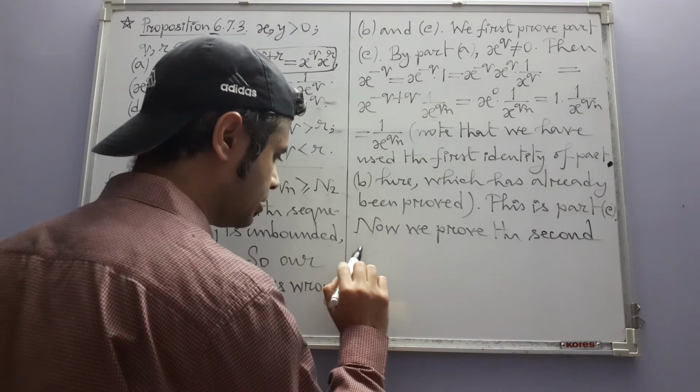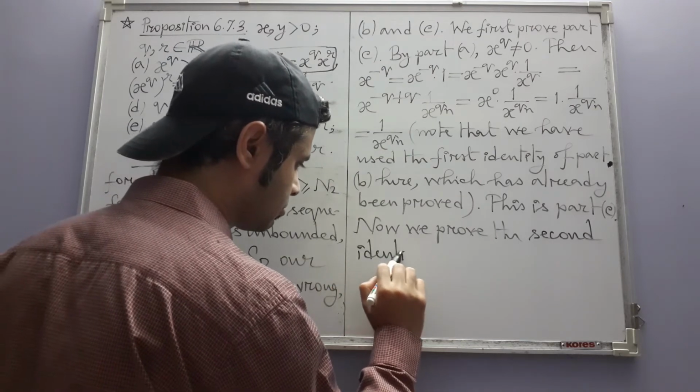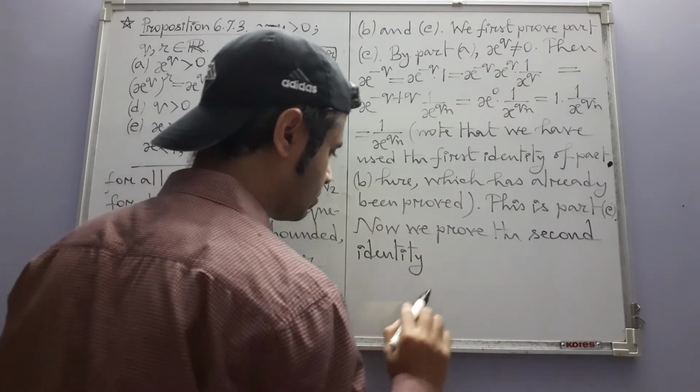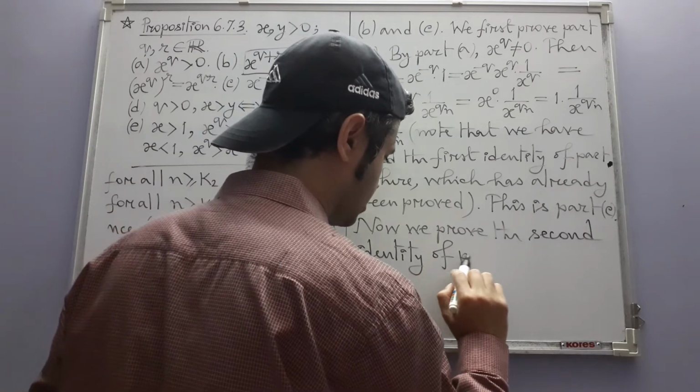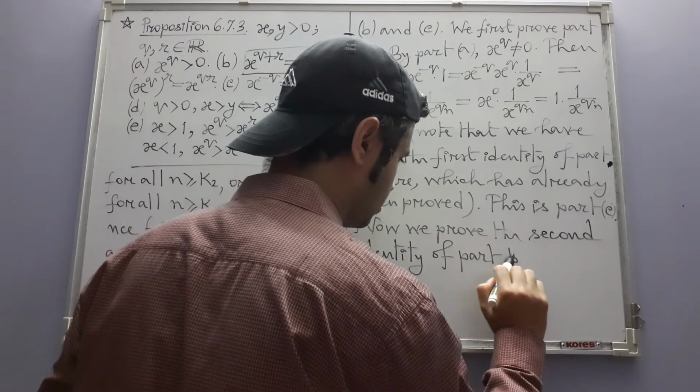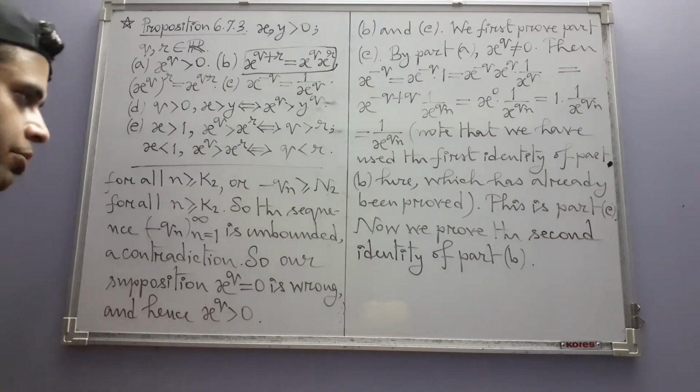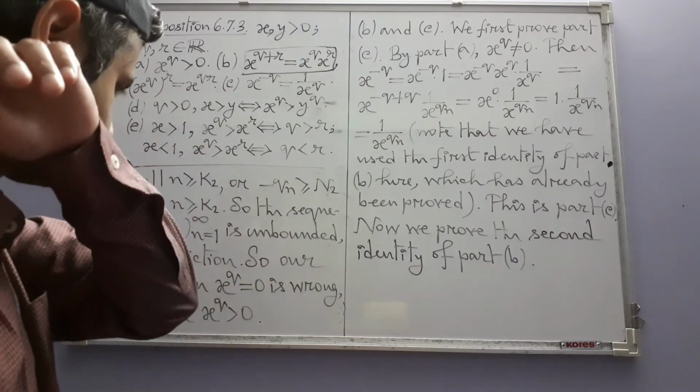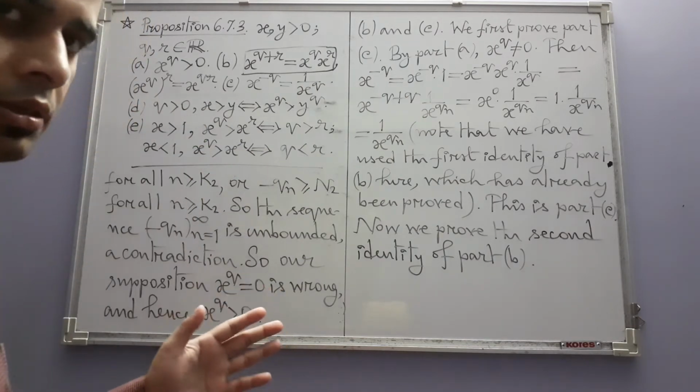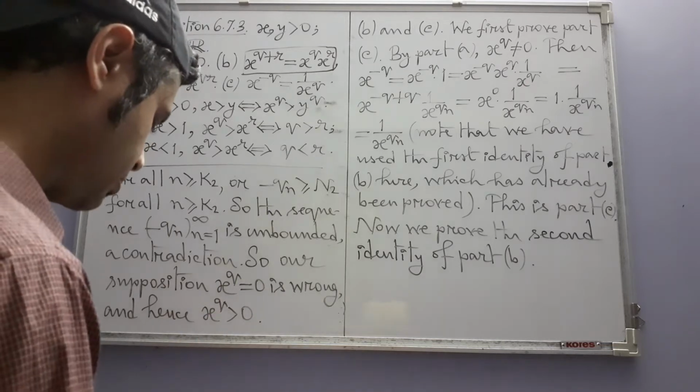The second identity of part B. But before that, we are going to prove something else which we will need in the course of this solution.